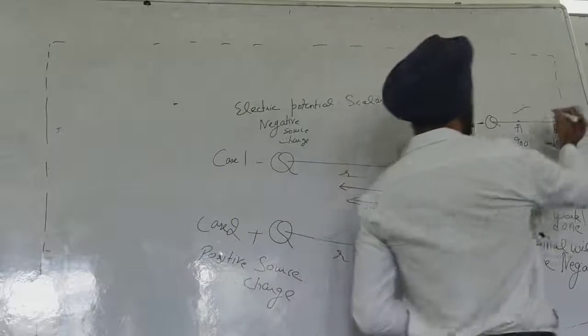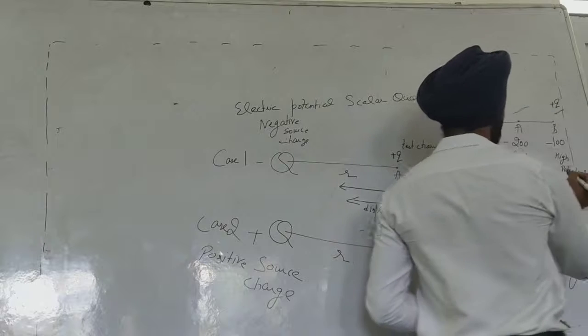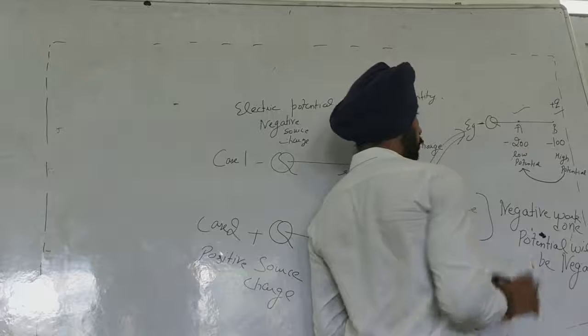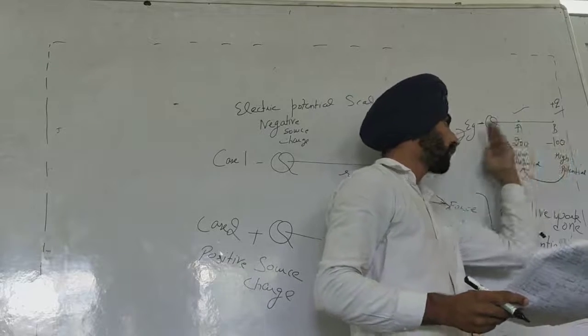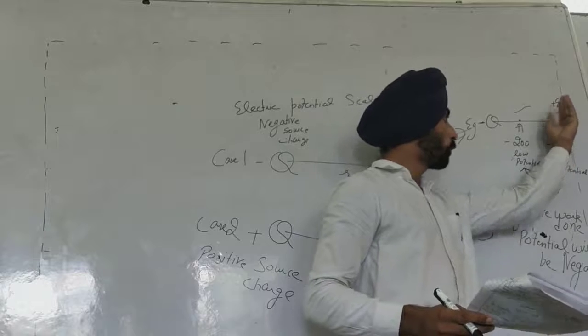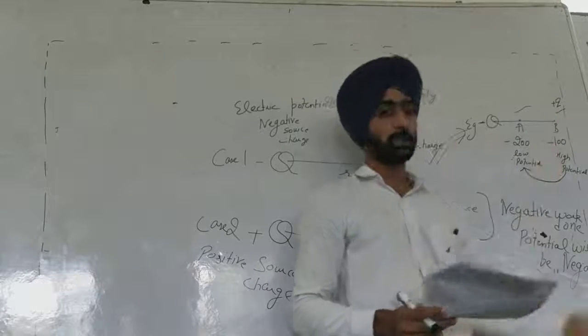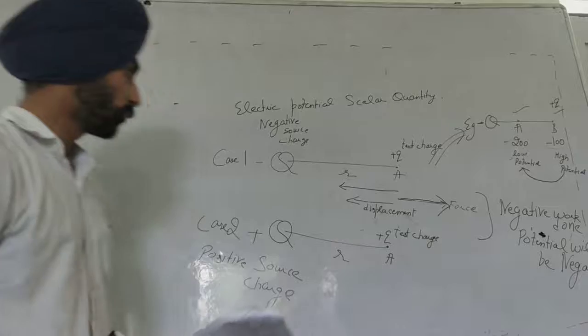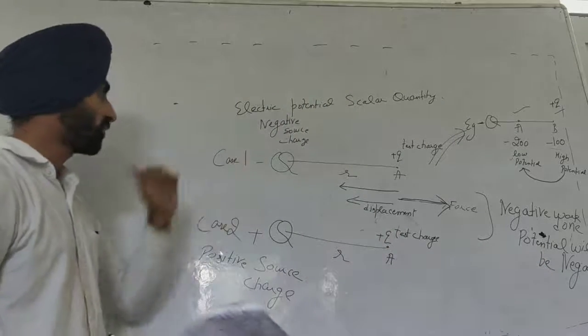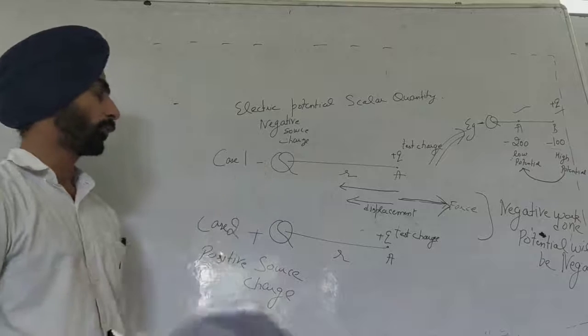If I place the test charge here and release it, plus Q will try to move from high potential to low potential. So this is case number 1. Potential will be negative if the source charge is negative. This is an important point to note.